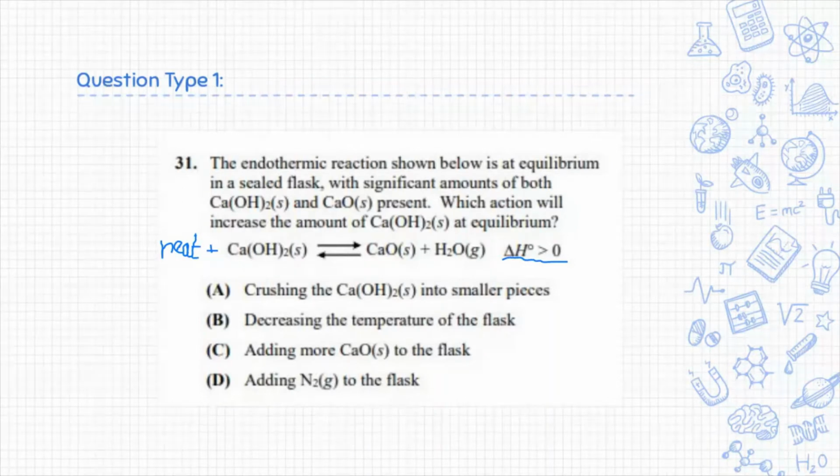That's going to mean it's going to shift to the left, right, to increase the heat. So if it's shifting to the left, the amount of calcium hydroxide is going to increase, while the amounts of calcium oxide and water gas are going to decrease.